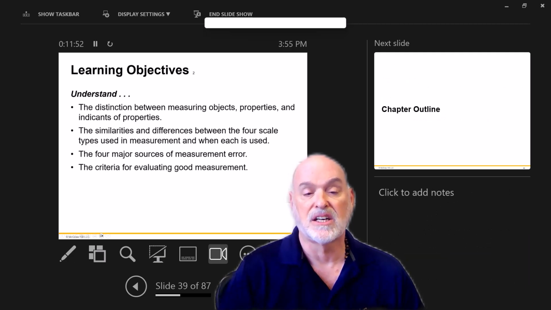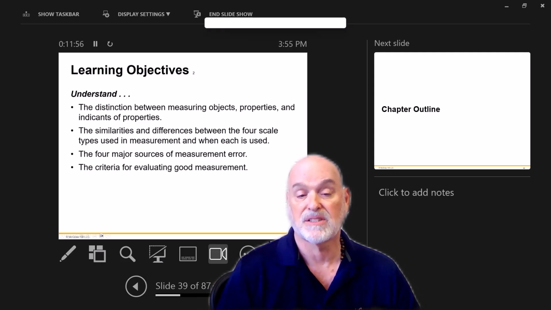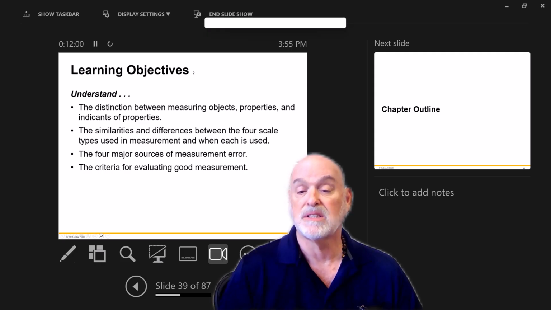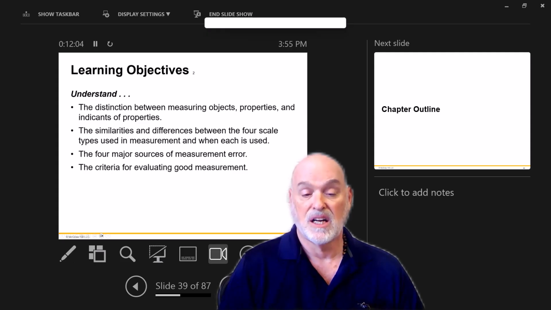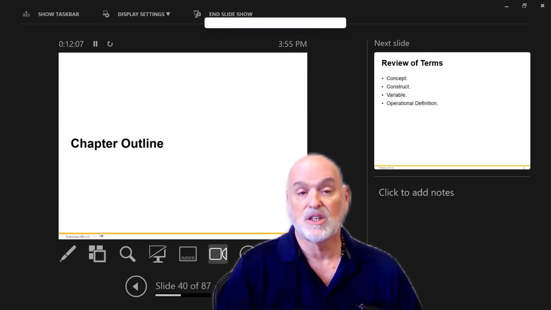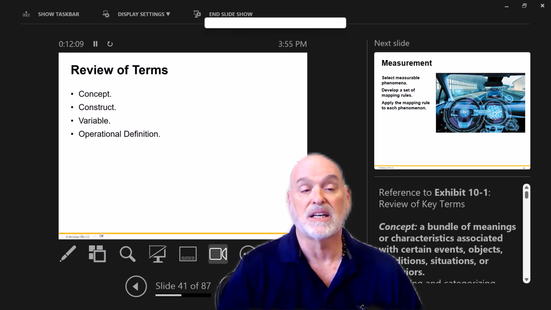Learning objectives. Understand the distinction between measuring objects, properties, and indicators of properties; the similarities and differences between the 4 scale types used in measurements and when each is used; the 4 major sources of measurement error; and the criteria for evaluating good measures. Chapter outline. Concept, construct, variable, operational definition.